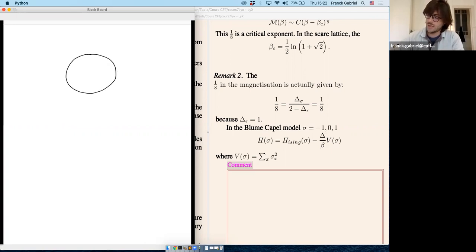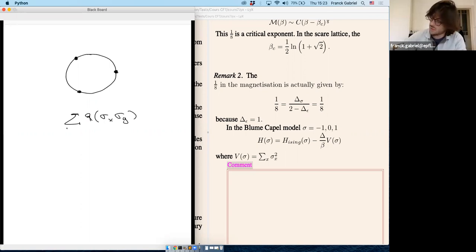It will not be 1 or minus 1, but it will be 1, j, j bar, which are the roots of unity. Okay, and the Hamiltonian now will be something of this form. I'm just going to write it here because it's just for you to know, to have a guess and understand a little more, but it's not super important. We are not going to use it anymore after.